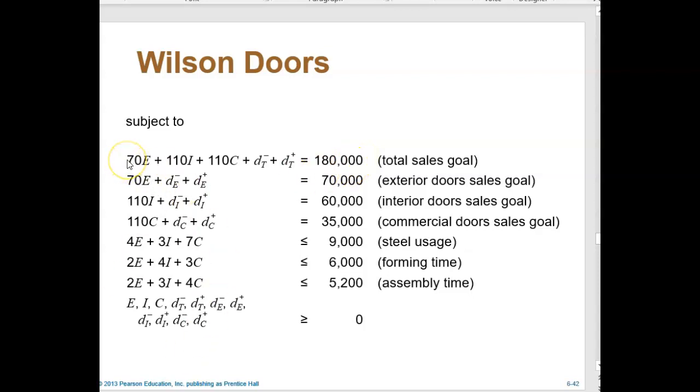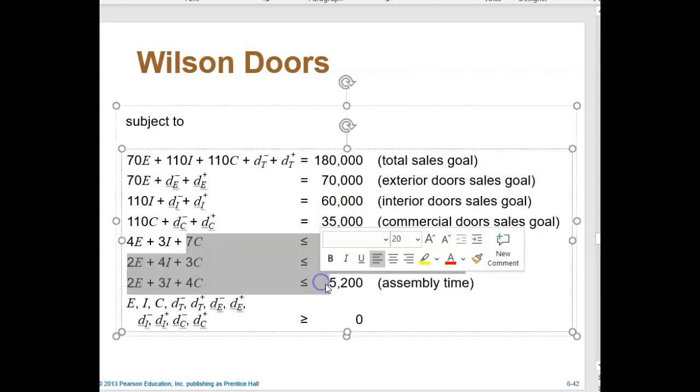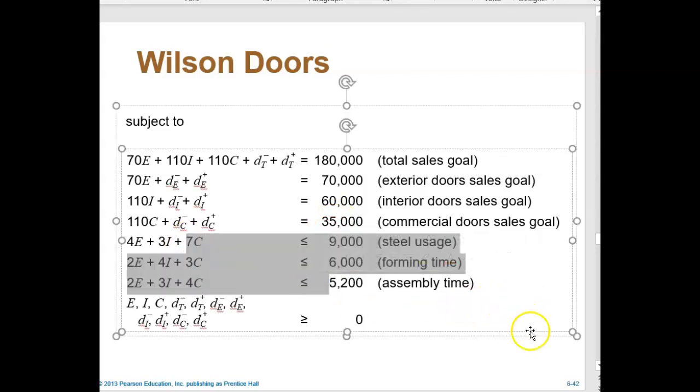So the first four constraint equations that you see on the slide here are the equations that we created using our goals and the deviation variables. The first one is for total sales, the second one is for exterior door sales, the third one is for interior door sales, the fourth one is for commercial door sales, and the following three constraints are the ones that we had defined earlier for our original LP problem.